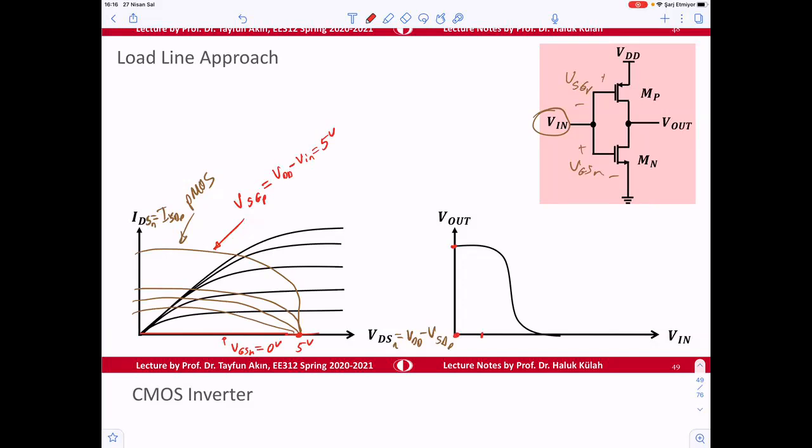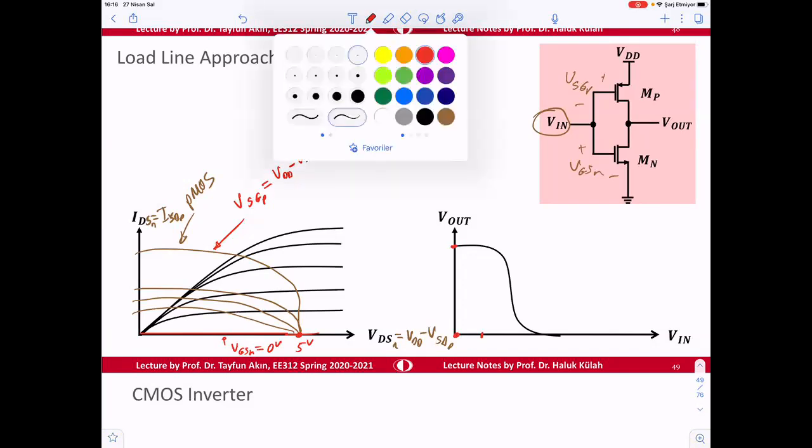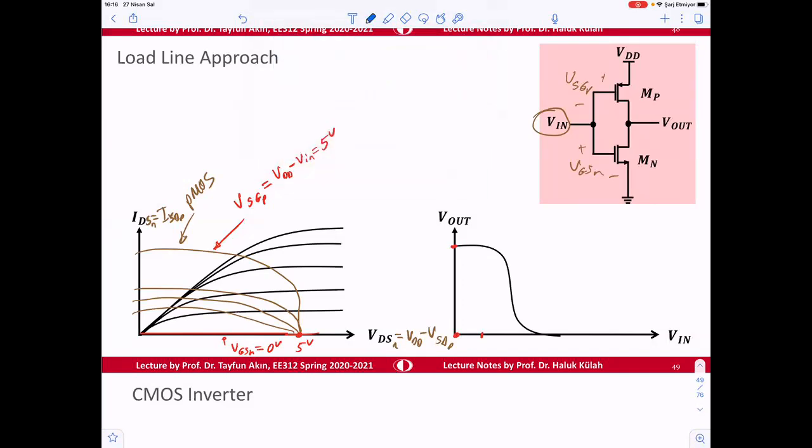So graphical analysis can be used, but we have to, again, select different colors. Let's say for this one, which is Vin equal to 2 volts, this one is going to be the corresponding 3 volt graph.